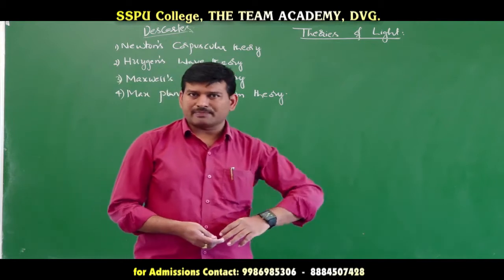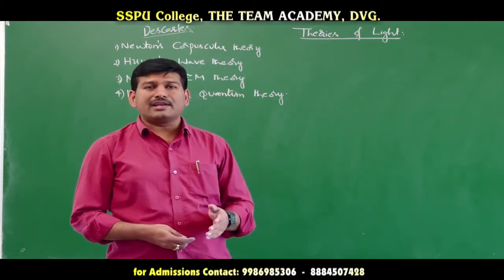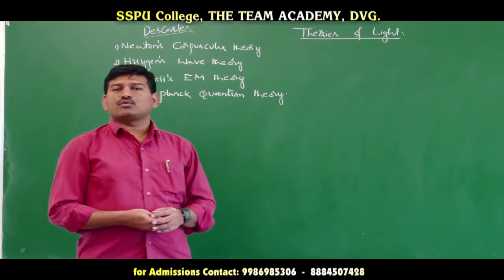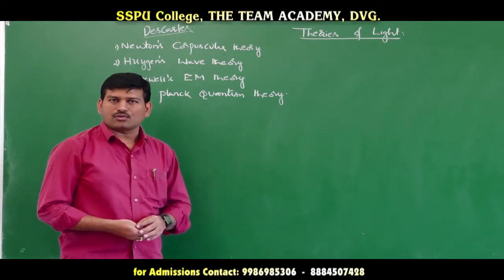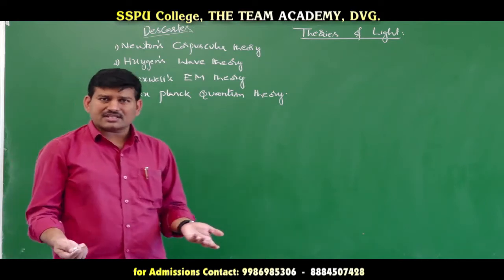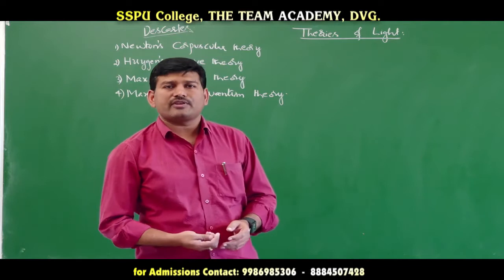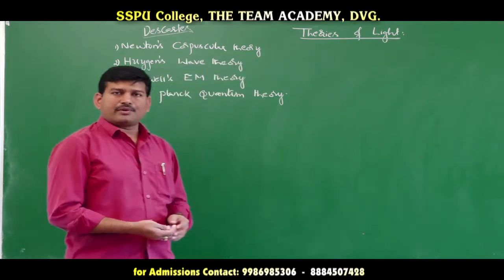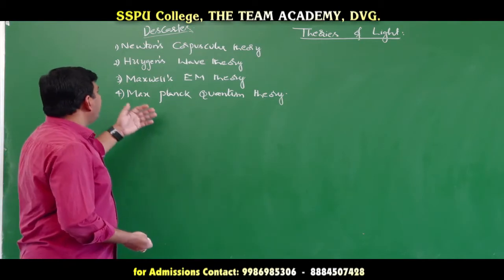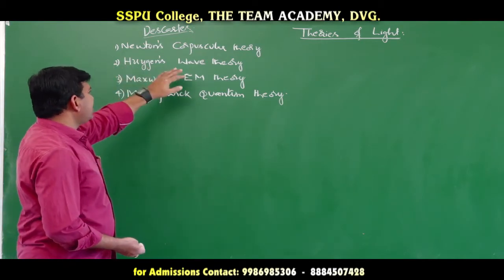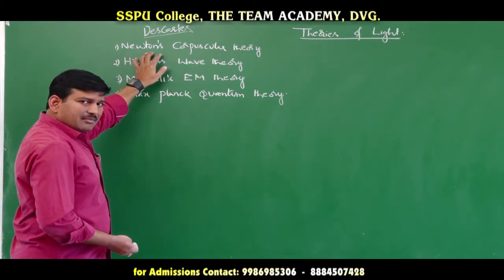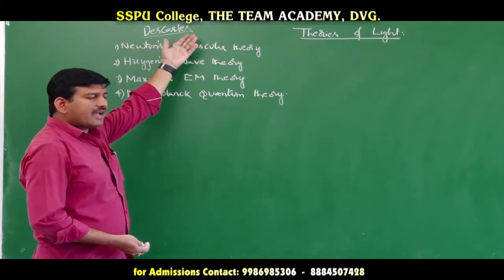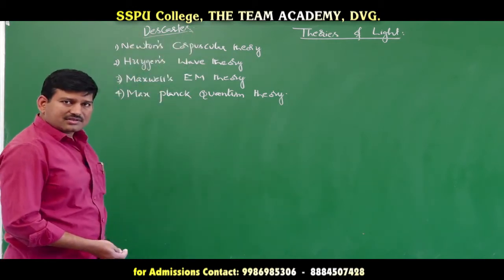It was introduced by whom? Galileo. But the credit has gone to whom? Newton. Newton's first law is nothing but the explanation of the property of inertia, which was proposed by Galileo. In a similar way, Newton's corpuscular theory is an enhancement of Descartes' corpuscular theory.